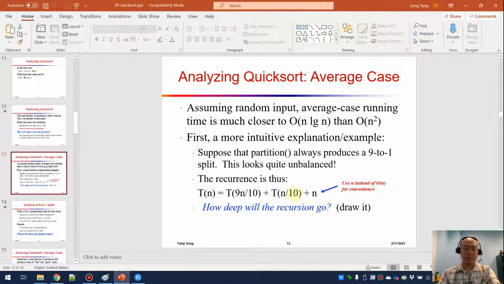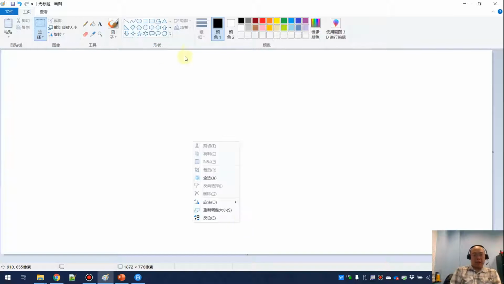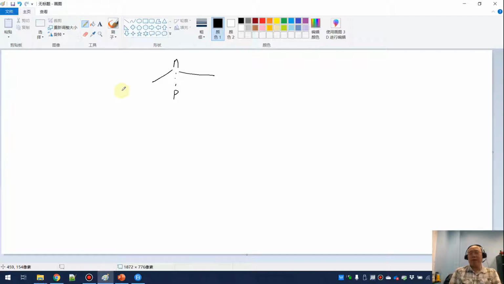Let's try that. Let me go back to my drawing board again and say we have a big chunk of data to be sorted, and we have n values. When we are doing the partition, there will be a pivot. If we assume that this n value is really large, then holding back this one value as a pivot doesn't really change anything.